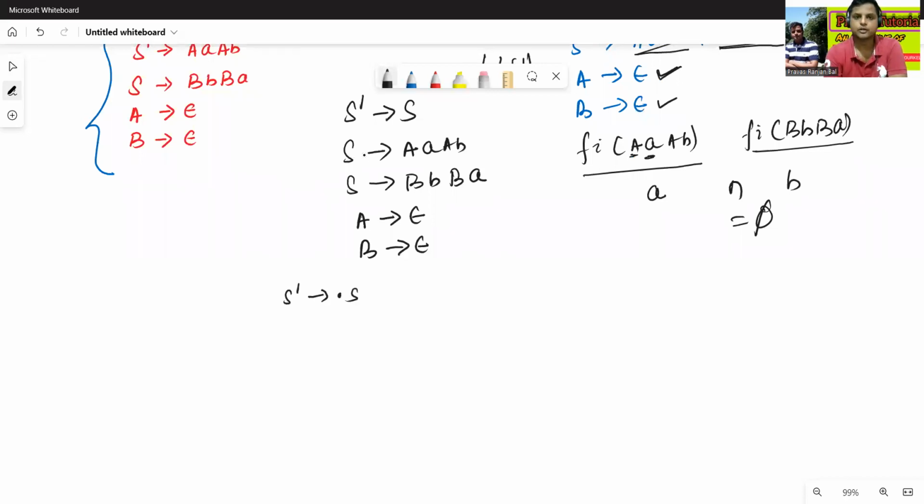Then we will find the closure of S. So S → .AB, then S → .BA. Then we will find the closure of A and the closure of B also. So A → .epsilon, B → .epsilon.